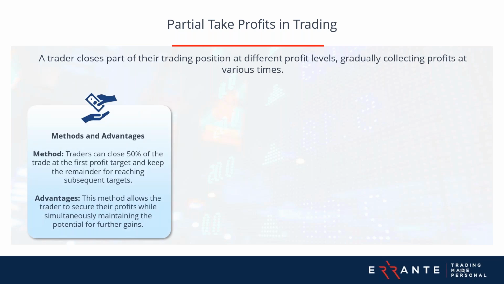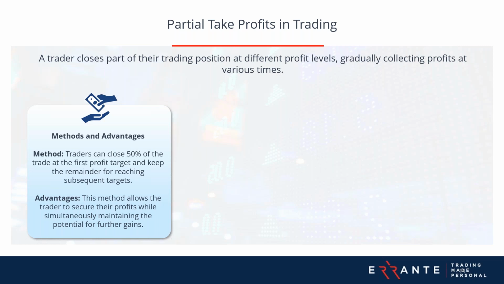The partial take profit method involves closing a portion of your trading position at different profit levels. A common approach is to close 50% of the trade at the first profit target while letting the remainder of the position run to reach subsequent targets.